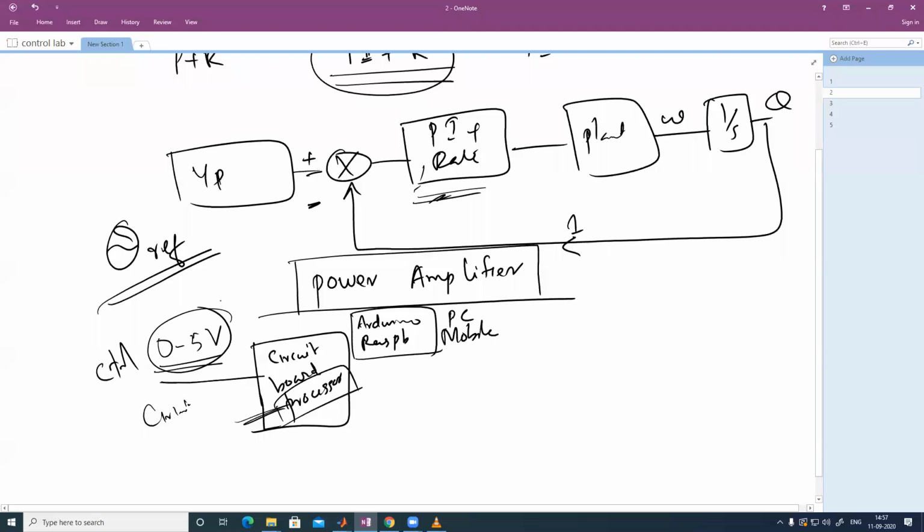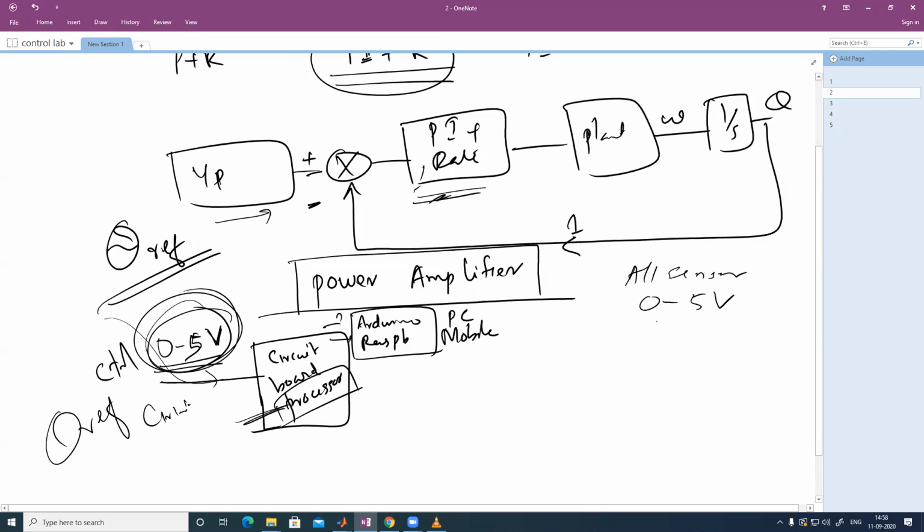These kinds of processors can handle up to 5 volts only. So the theta reference should be given to this input in the 0 to 5 volt range, and all the sensors work at 0 to 5 volt for voltage sensor, or 4 to 20 milliamps for current sensor.